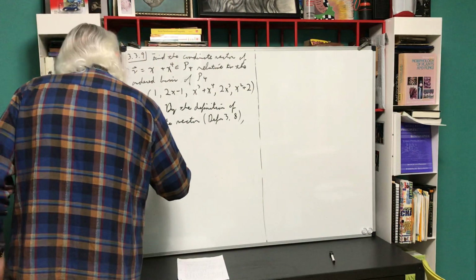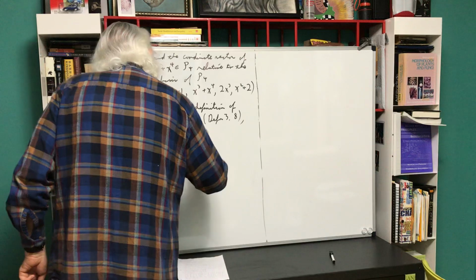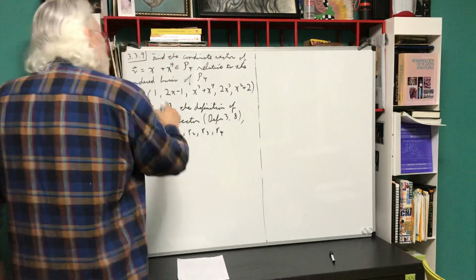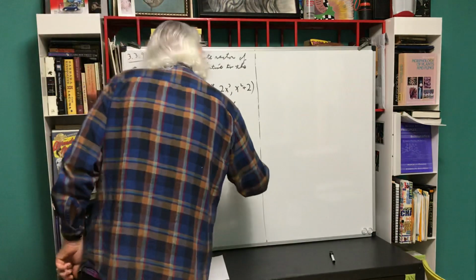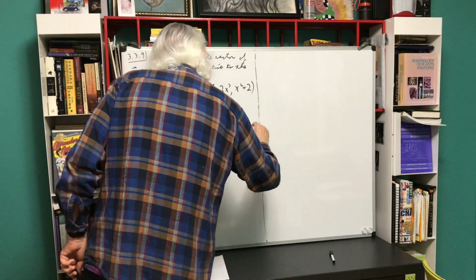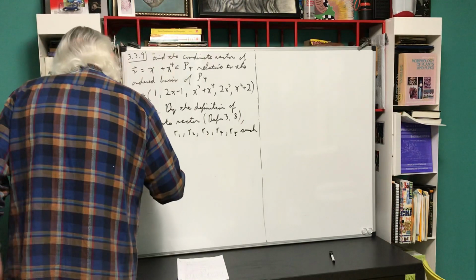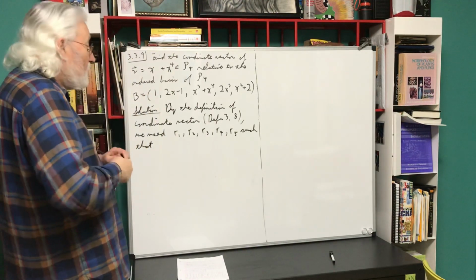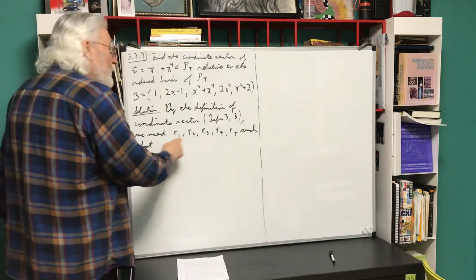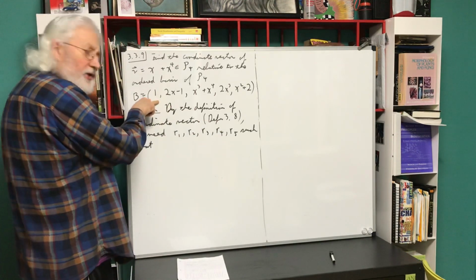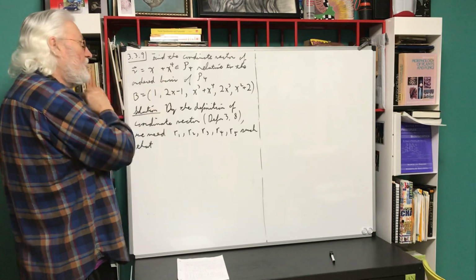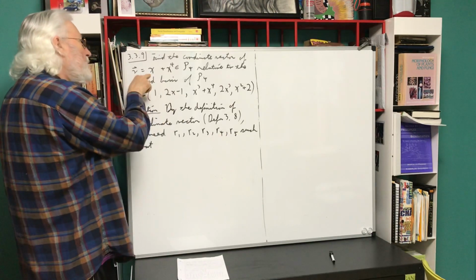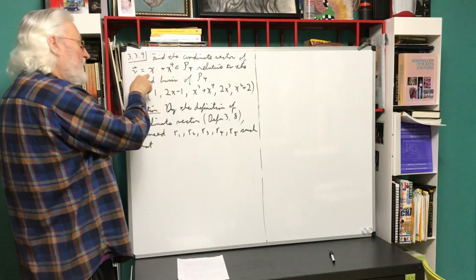We need coefficients R1, R2, R3, R4, R5 such that, to find a coordinate vector is simply to find the coefficients of these vectors in order, that's the ordered part of ordered basis, such that that linear combination produces the vector v.